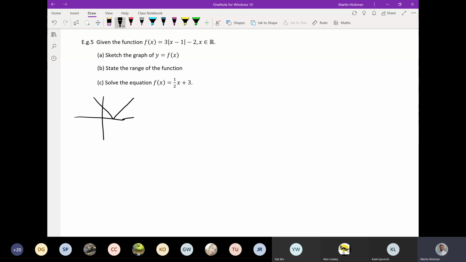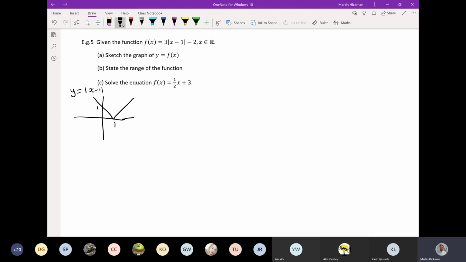Hopefully you've had lots of practice recently on drawing modulus graphs. Think about what x minus 1 would look like. It'd have a root at x equals 1 and a y-intercept at y equals -1. But when you take the modulus, you're going to reflect that in the x-axis, so it would look like this. This is the graph of y equals the modulus of x minus 1.